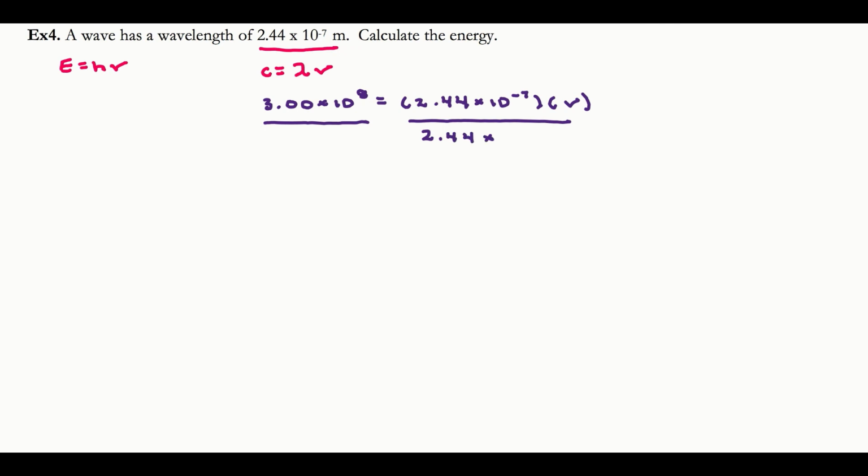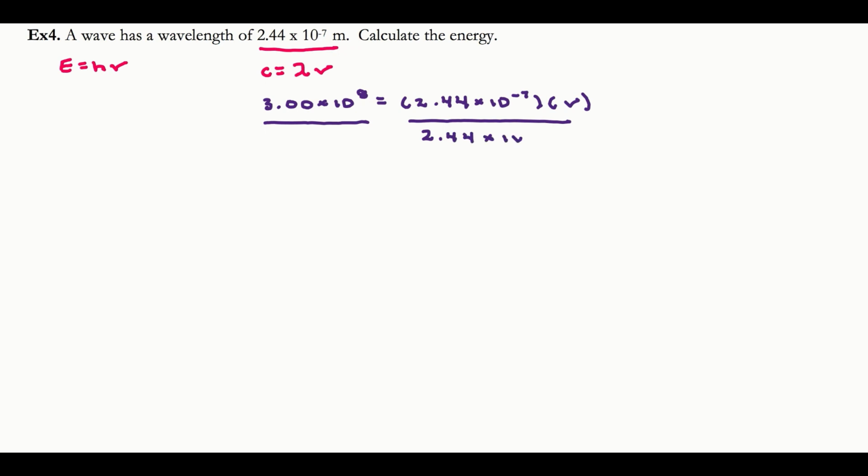So my speed of light is 3.00 times 10 to the 8th. Okay? My wavelength is 2.44 times 10 to the negative 7. Okay? And I'm solving for my frequency. So to solve for frequency, remember you've got to divide both sides by 2.44 times 10 to the negative 7.